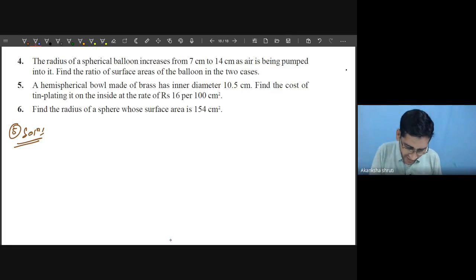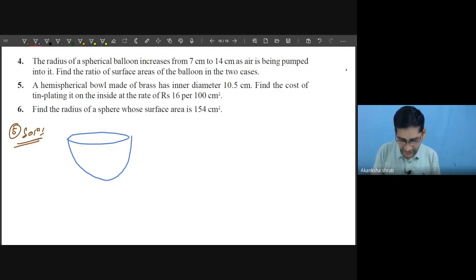A bowl in hemispherical shape means half of a sphere. Draw it properly: it has a circular opening and a curved area like this.